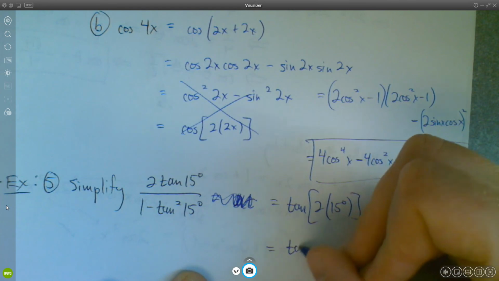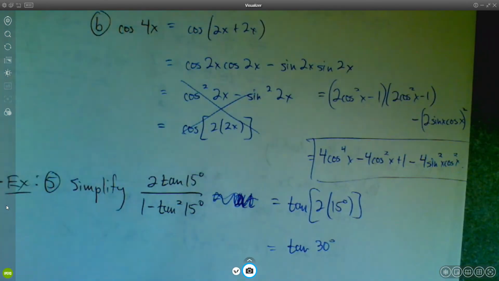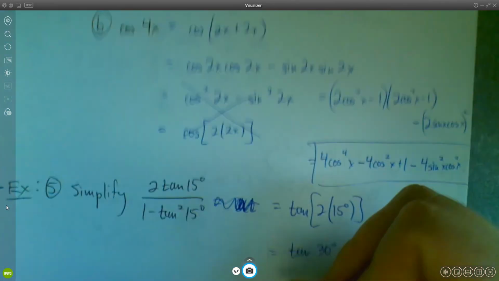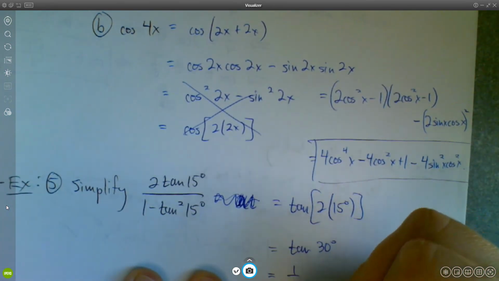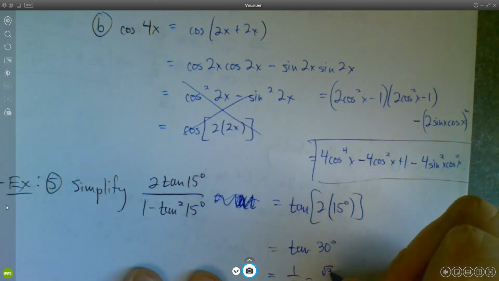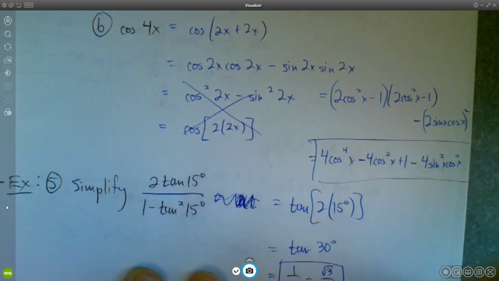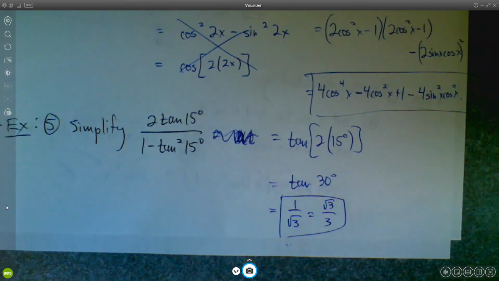That's tangent of 30 degrees. I never remember tangent off the top of my head. It's sine over cosine. Sine 30 degrees is 1/2. So this is 1/2 over root 3 over 2. So 1 over root 3, or if you like, you could call it root 3 over 3. Okay, there's that one. And that will do it for 5.5.